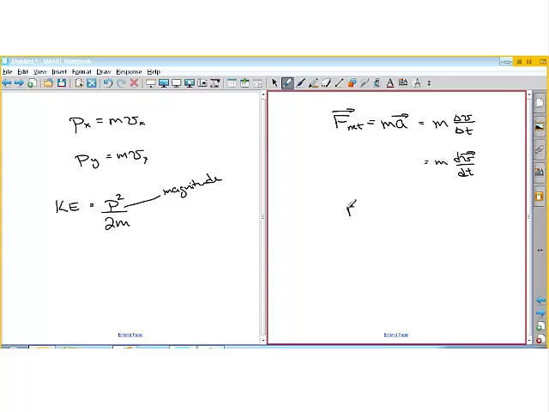Since mass is a constant, the net force is equal to the derivative of the mass times the vector velocity with respect to time. But m times the velocity vector is the momentum, so Newton's second law can also be represented, instead of mass times acceleration, as the derivative of the momentum vector with respect to time as well.